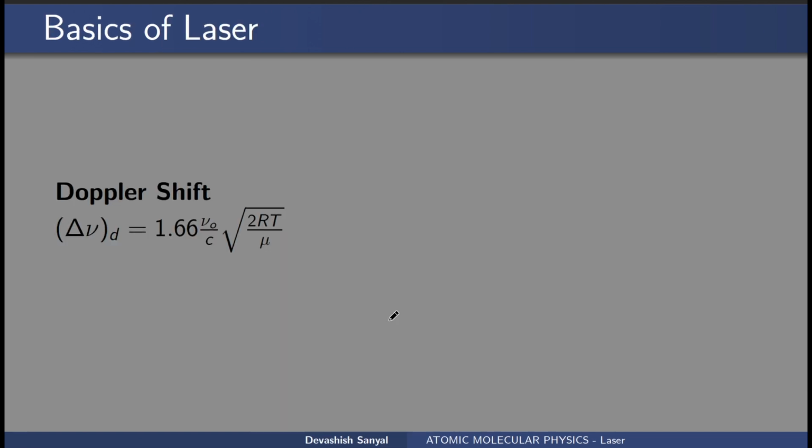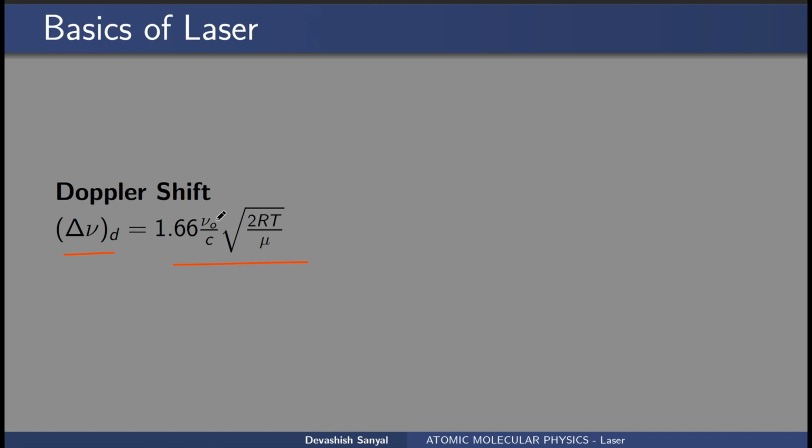And there is a Doppler shift in a laser, that is a shift in the spectral line, because the atom or molecule is not static but is continuously moving here and there. So because of that, there will be a Doppler shift in the frequency, and that is dependent on the temperature through this expression.